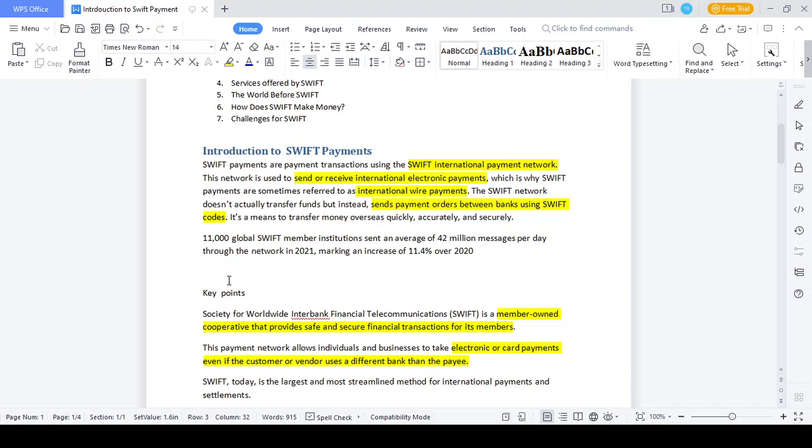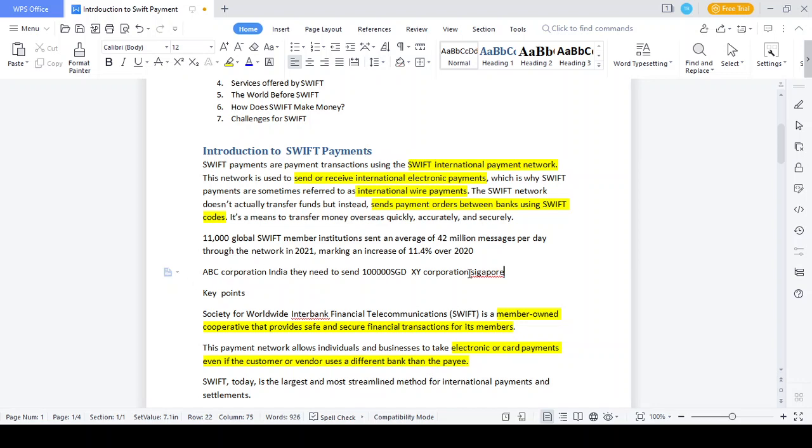Take this example. ABC Corporation from India needs to send 10,000 SGD to XY Corporation in Singapore.